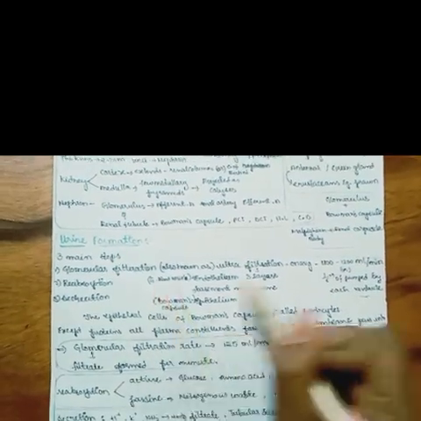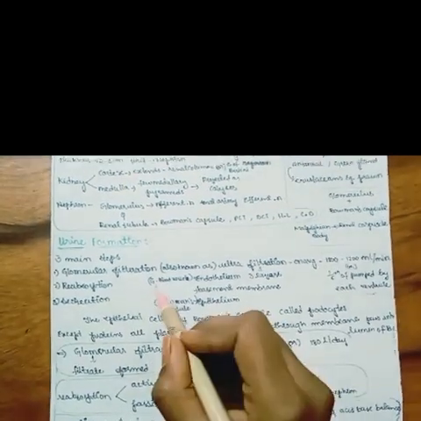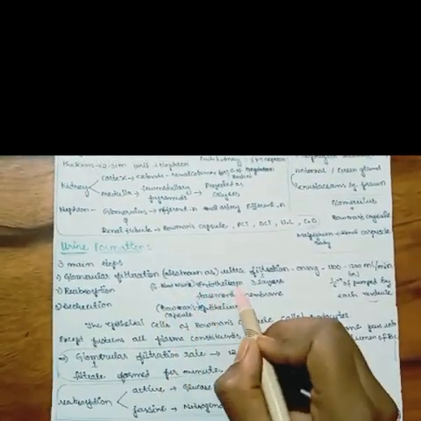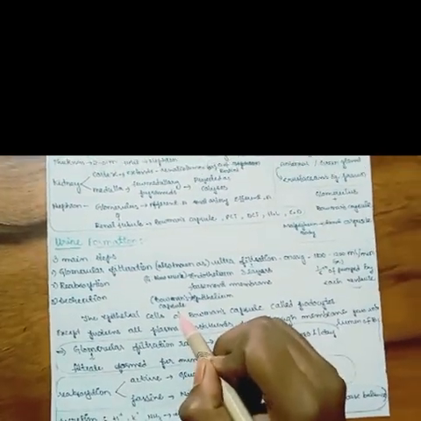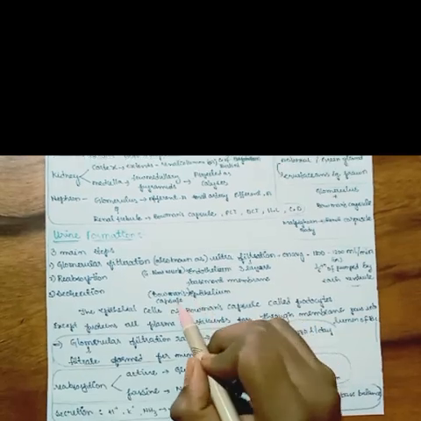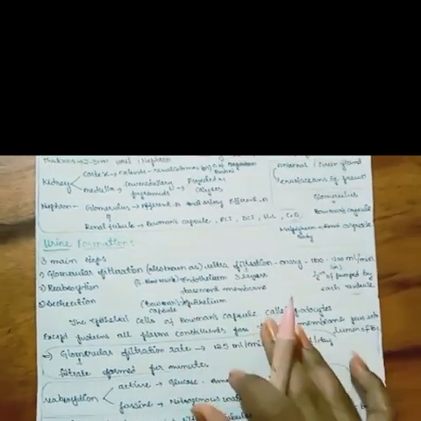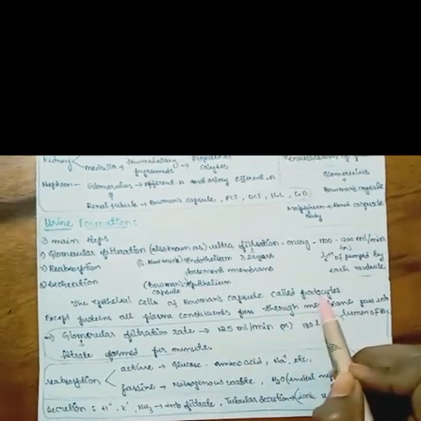This filtration is done through 3 layers: the glomerular blood vessel endothelium, the epithelium of Bowman's capsule, and the layer present between the endothelium of the blood vessel and the epithelium of Bowman's capsule, which is the basement membrane. The epithelial cells of Bowman's capsule are called podocytes.